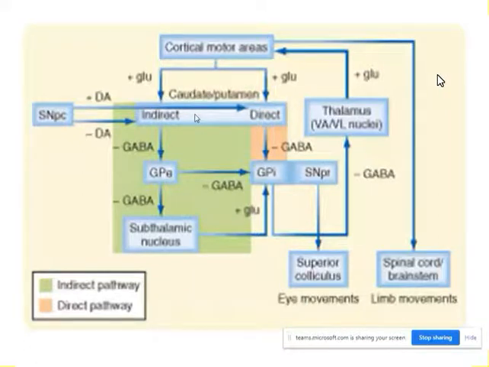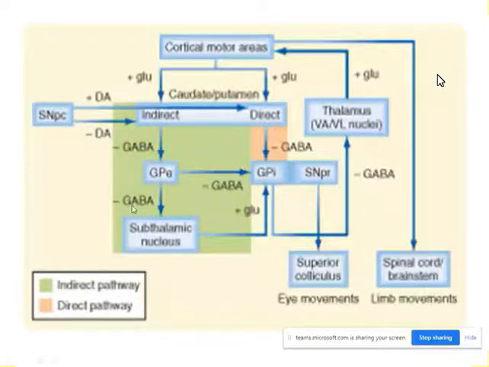When the striatum gets excited, what will happen to the production of GABA? It will be high, isn't it? So when this GABA production is high, then the GABA from the globus pallidus external will be low, isn't it?